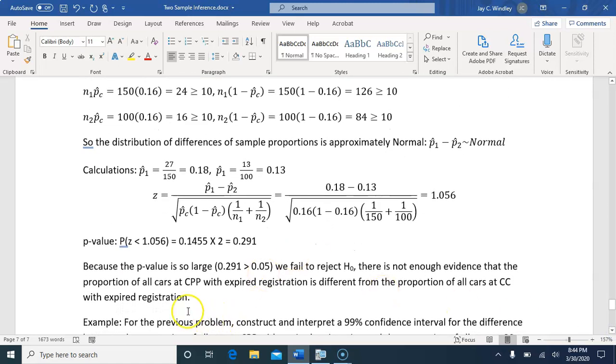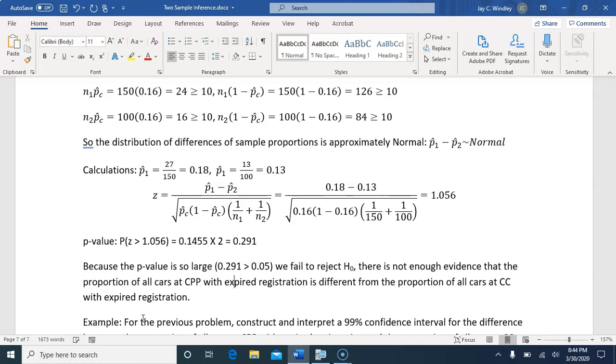Then here's our two individual p hats, which go in the numerator, and our p hat combined from earlier goes in the denominator. This gives us a z of 1.056. The probability of a z greater than 1.056 is this, which gets multiplied by 2 to give us 0.29.